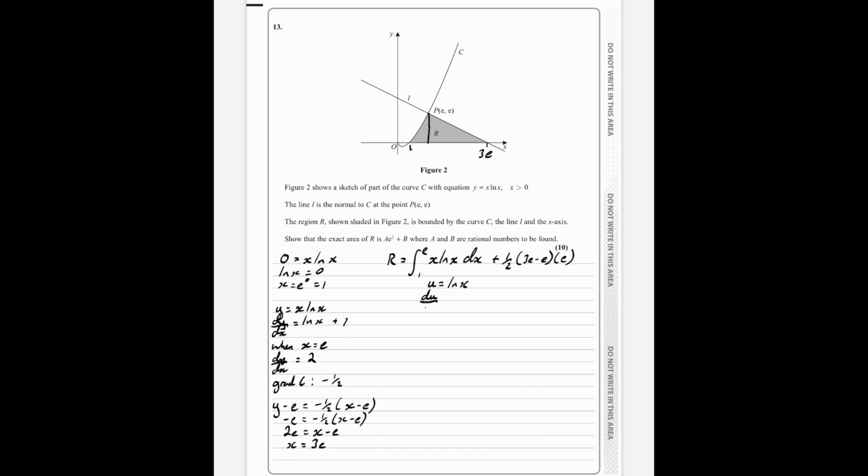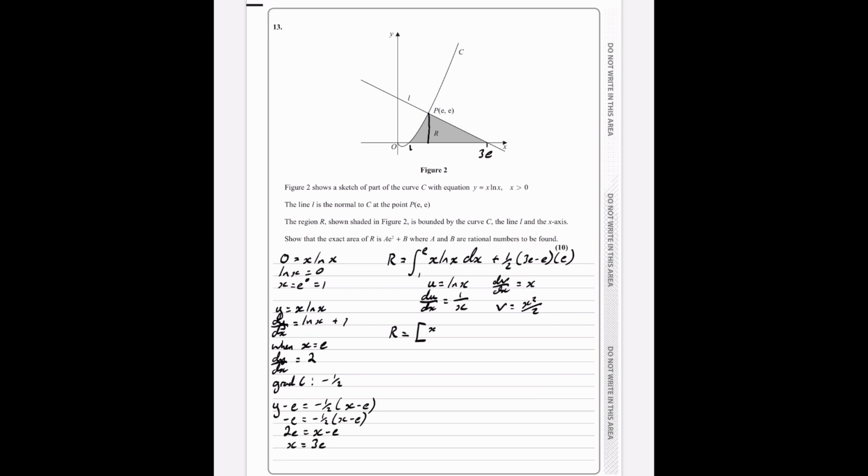Anyway, back to the left-hand side, we're integrating x ln x. We're going to use integration by parts to do that. I have to pick u to be ln x to keep this simple, because integrating ln x is a little bit trickier. Differentiating ln x gives 1 over x, and we can integrate therefore the x to get x squared over 2.